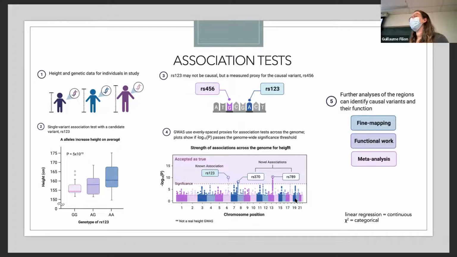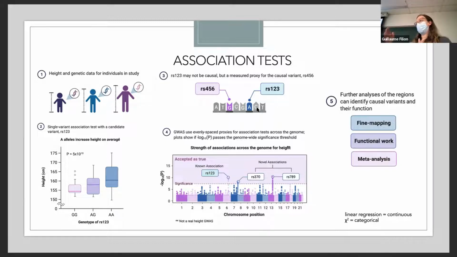I just have a quick question. If RS123 wasn't the causal variant, would it be lower on the Manhattan plot, and then the actual causal variant would be the highest one? Not necessarily. In this example at least, we didn't actually test 456. So you are making the assumption that, say, one below here is next door to RS123, just as an example.